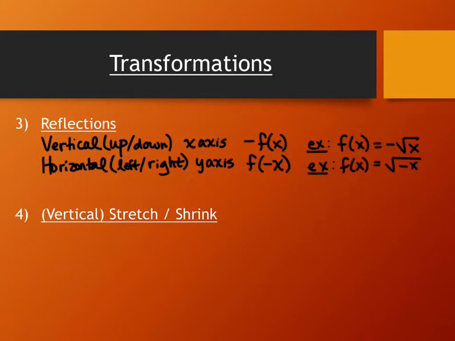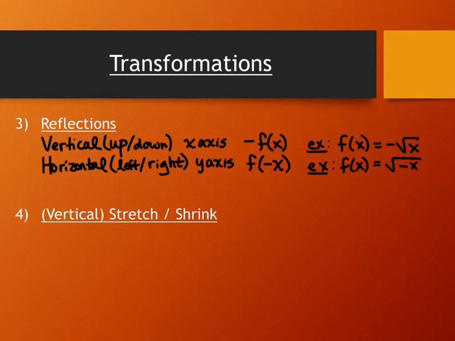Now, there are some graphs that you reflect them horizontally, they don't change. Think about your absolute value graph. That V graph, what if you flip it around the y-axis? It didn't change anything. Okay, so that does sometimes happen, especially with our reflections around our y-axis. Square root of x, though, doesn't have that feature. It's not symmetric. It's just sort of this one branching piece, so it reflects differently.